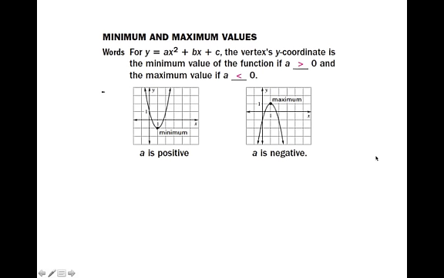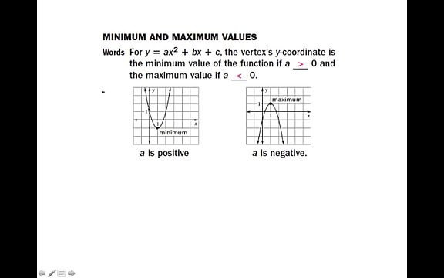Okay, for y equals ax squared plus bx plus c, the vertex's y-coordinate is the minimum value if it opens up, so if a is greater than 0, and it's the maximum value of the function if a is less than 0. So here you see a is positive, and so there is a minimum y value.